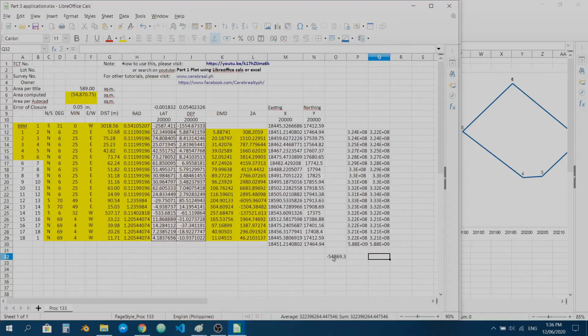This one is almost 5486.9, and I know that we copied 5486 from the technical description. It's almost the same, most likely just the rounding off of the numbers. So that's how we compute the lot area of any given technical description.